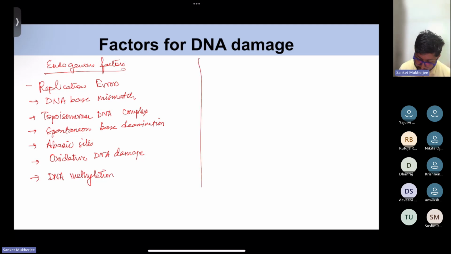What are the exogenous factors? Exogenous factors are like ionizing radiation, as I said earlier as well. Ionizing radiation is not usually present in the cell, but let's say you get an X-ray done.